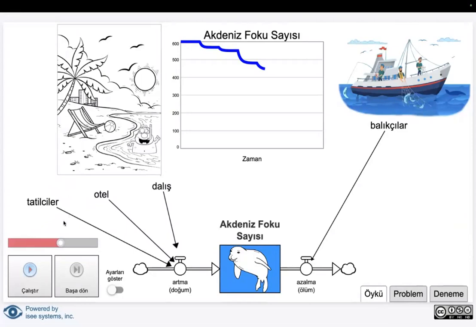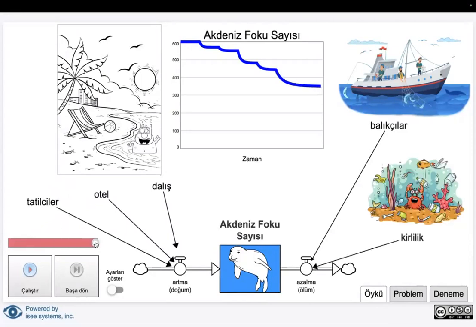So this seems to be a simple graph. We have the problem of decreasing seals, but we have some causes of it. But this part is actually the hardest part, because these seem to be connected to a flow that seems to increase the number of seals.